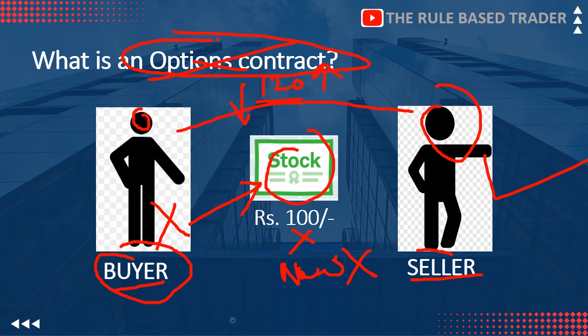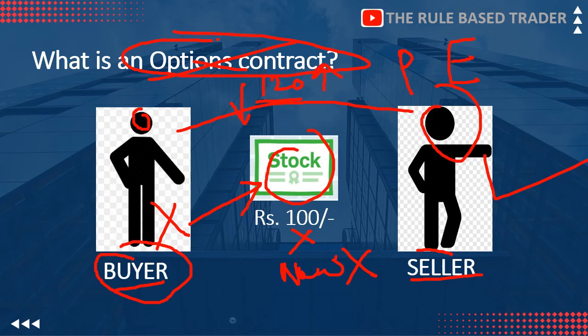This certain price that the seller takes from the buyer is called the premium in options terminology, and the time period we are talking about is called the expiry, the options contract expiration date. He collects the so-called premium from the buyer to enter into this options contract.